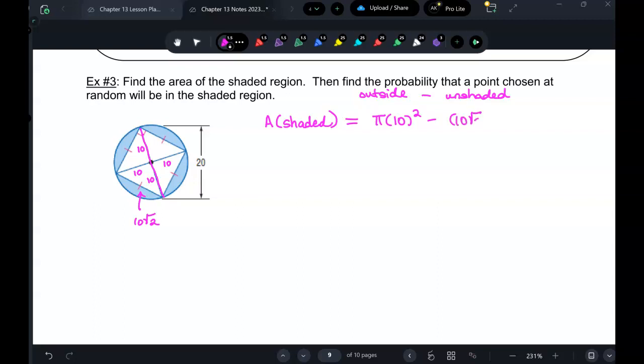So 10 root 2 times 10 root 2, because it's a square, base times height, and they are the same. So I have 100 pi minus 200.